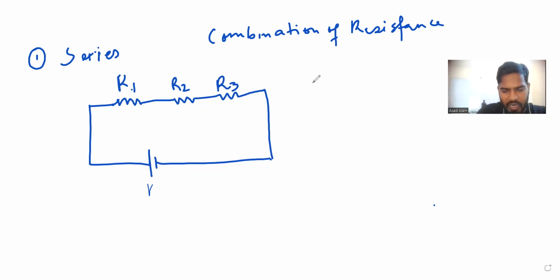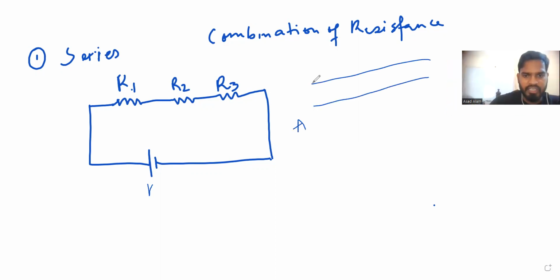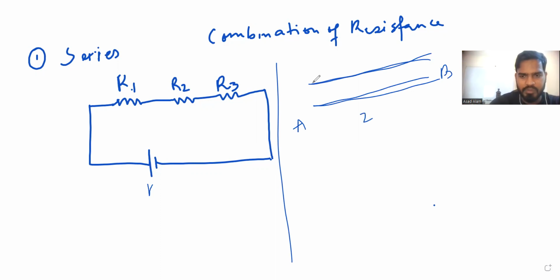Now, how do we identify series? Suppose you are going from A to B, and the distance between them is 2 kilometers.